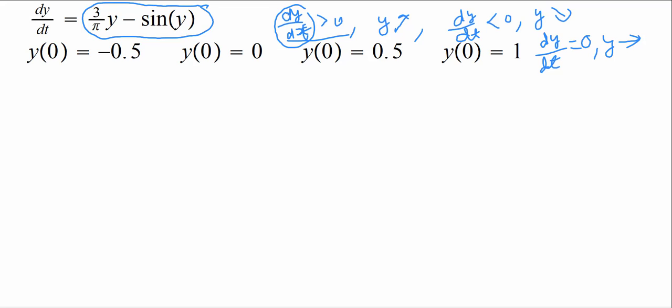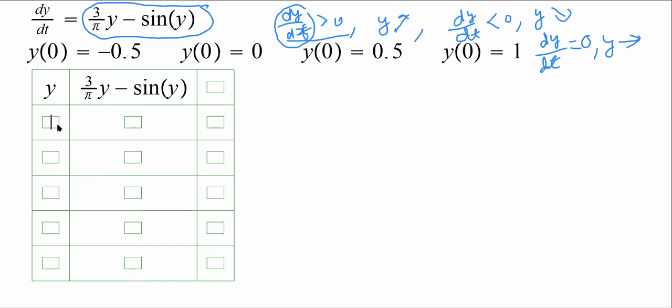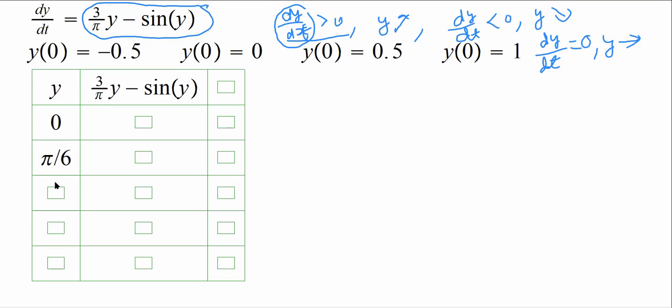So let's look at a table. Here first we have y, and on this part we shall put the value of dy/dt, and let's go in our usual style for trigonometry, that is the values from our standard triangle.